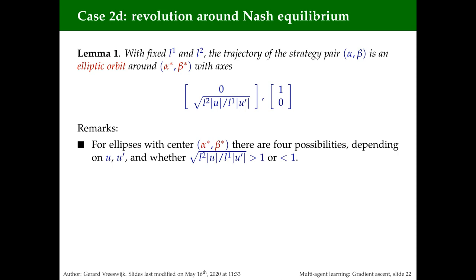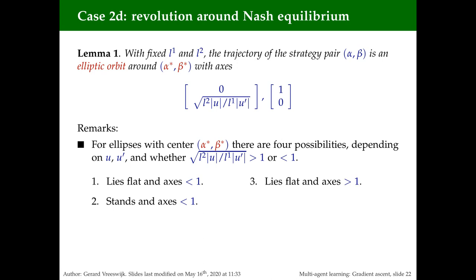So there are 4 possibilities depending on u and u prime and whether this expression is larger or less than 1. The elliptic orbit lies flat and has axes smaller than 1, stands and has axes smaller than 1, lies flat and has axes larger than 1, and stands and has axes larger than 1. They have enumerated all possibilities.